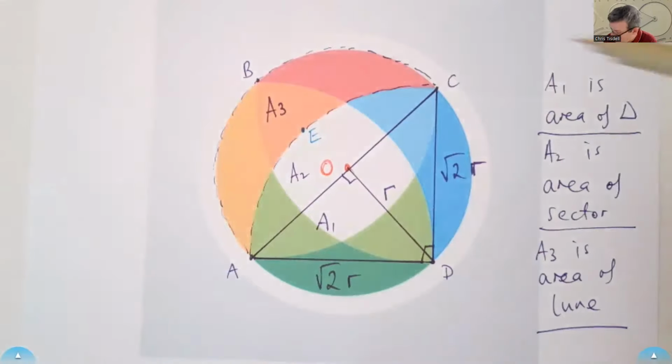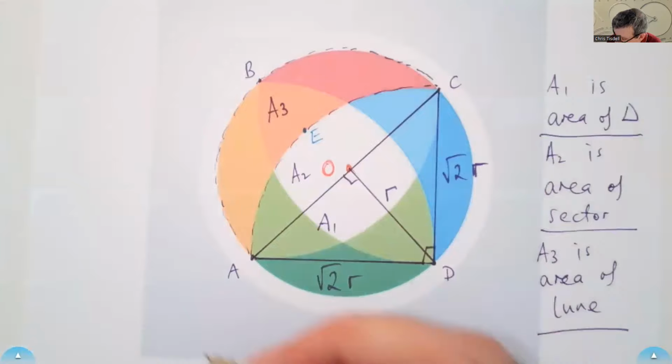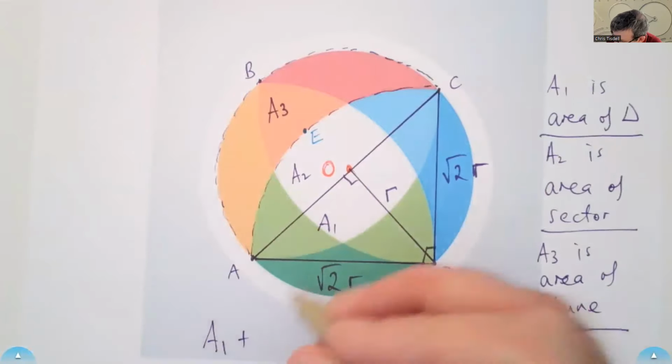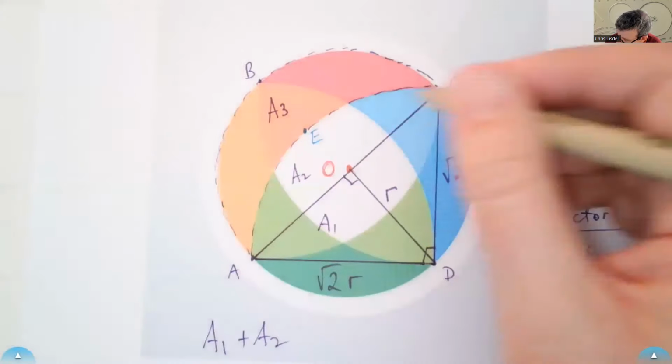Okay. So if A1 is the area of the triangle, A2 is the area of this sector. So A1 plus A2 gives us the area of this whole quarter circle.